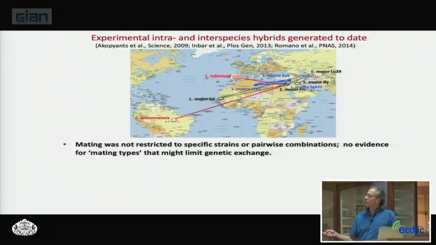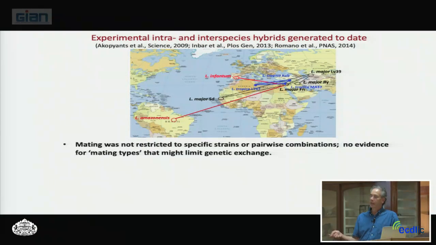So mating was not restricted to specific strains or pairwise combinations. There's no evidence for mating types that might limit genetic exchange. If you look at other lower eukaryotes, such as fungi, they also have a sexual cycle, which usually involves different mating types. You can call them a male and a female mating type.